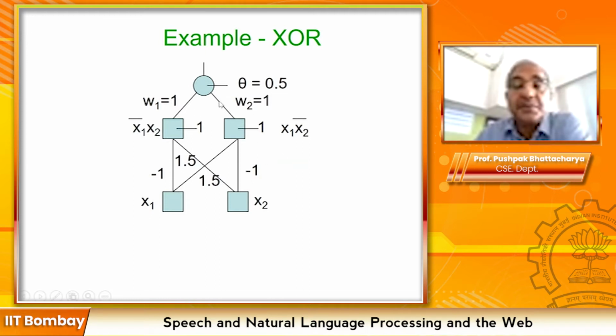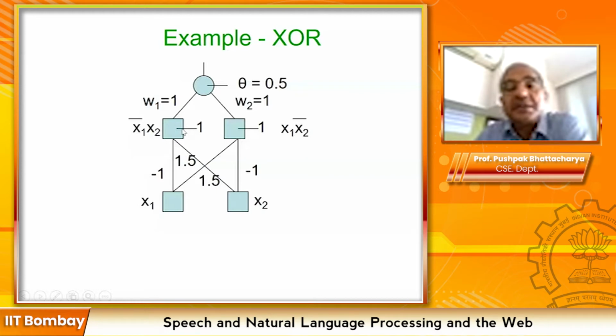So this is the situation, and we also know that XOR can be computed in another way, where one of the neurons will compute x1 bar plus x2 bar, and another neuron will compute x1 plus x2. So one neuron will compute OR of x1 and x2. Another neuron will compute OR of x1 bar and x2 bar.